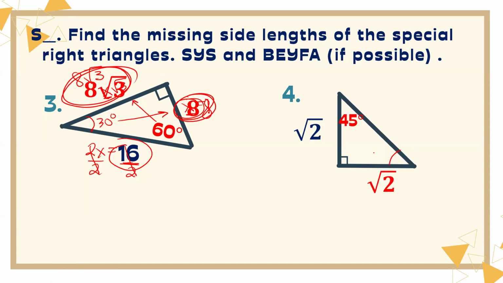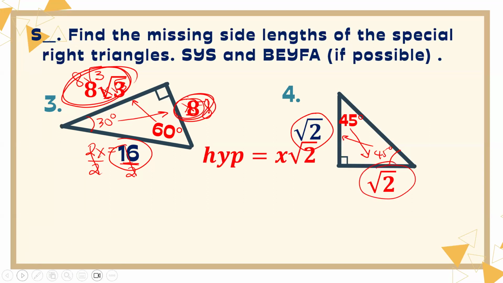Because we have a 45, 45 degree right triangle, the two legs are congruent. And if this side is given to be square root of 2, therefore the other side would also be square root of 2. But how do we solve the length of the hypotenuse? Remember, the length of the hypotenuse is x square root of 2.